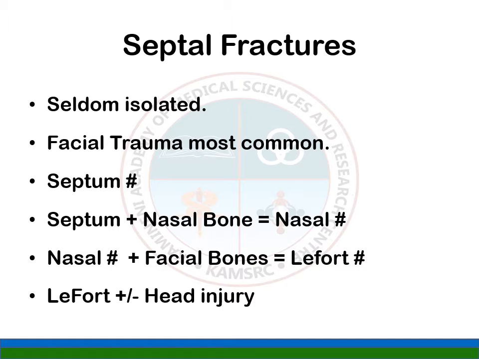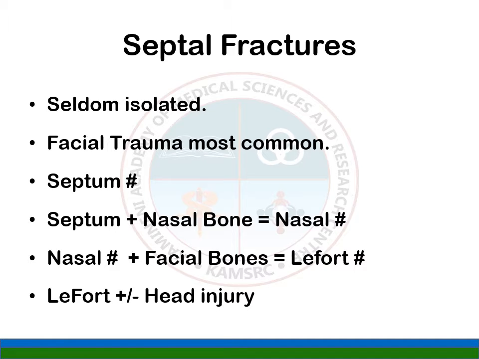Normally whenever we see that there is a septal fracture or a nasal fracture, what we mean is there is a fracture of the septum as well as the nasal bone. This will be called a nasal bone fracture. Supposing the nasal bone is associated with fracture of the facial bones, that is the zygoma or the orbital or the frontal, that is what will be taken as a Lefort fracture.